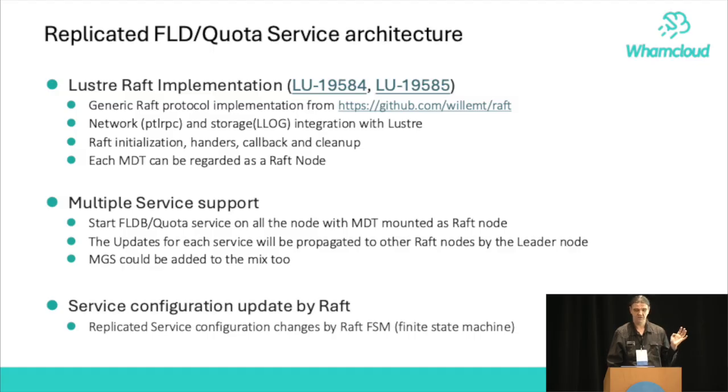Every MDT service can be regarded as a Raft node, and we are even considering that maybe we should include other targets, but MDT as the first one. Then there would be corresponding services started, so FLDB and Quota at first, and we might eventually add MGS, like a replacement of a primary node if that ever becomes necessary.